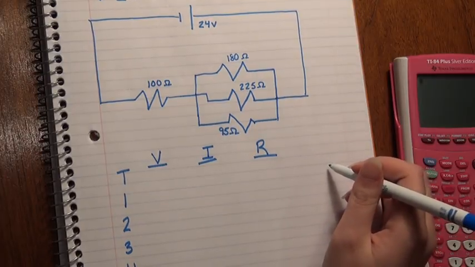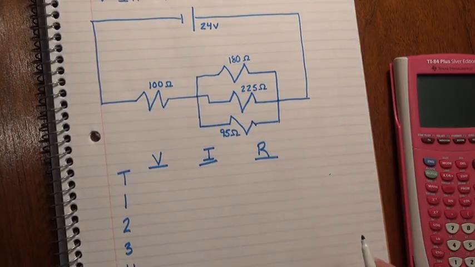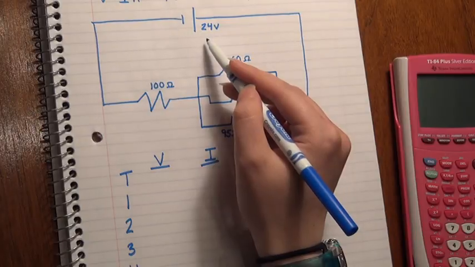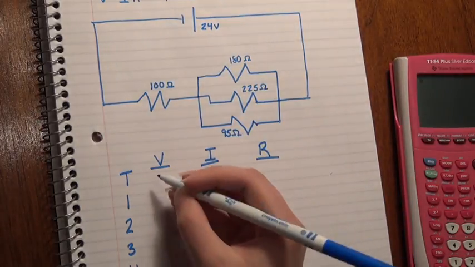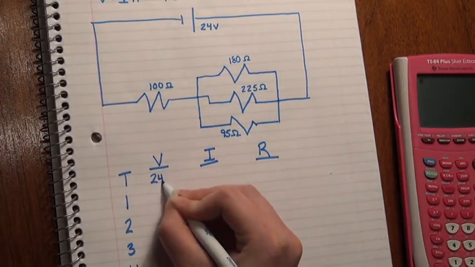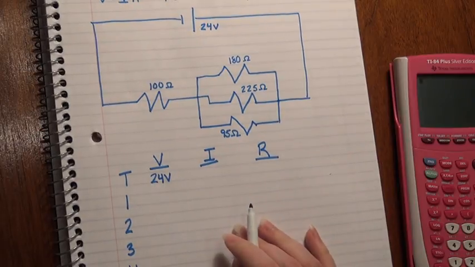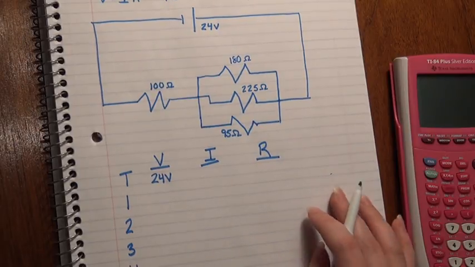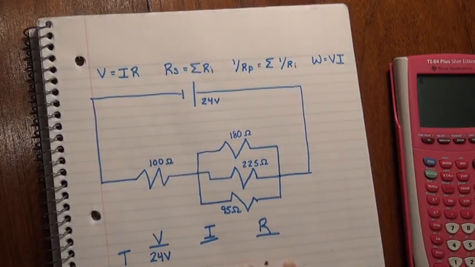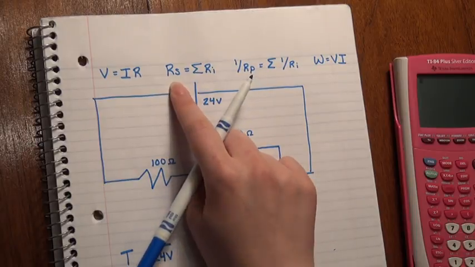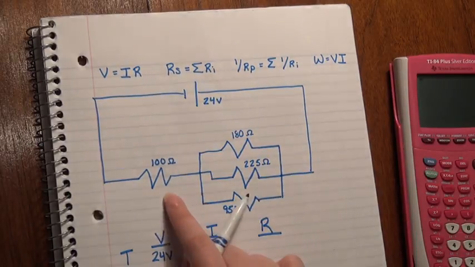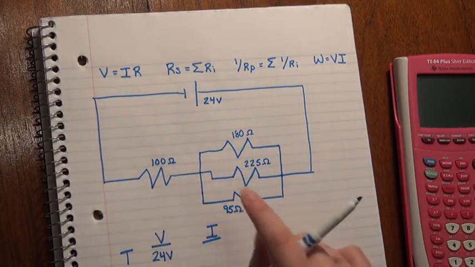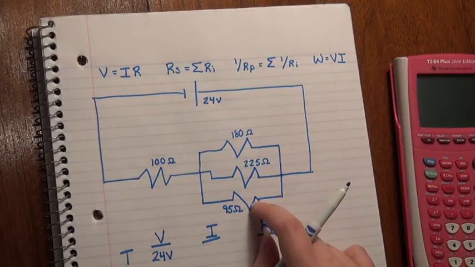So first what we have to do is calculate the total for all of these. And so we know that the total voltage is going to be 24 volts because our only power supply is 24 volts. So we can mark that as our total voltage. And then the second thing that we can do is to calculate the total resistance of the circuit. And we know that according to these equations, the total resistance will be the sum of the resistors in series plus the sum of the resistors in parallel.